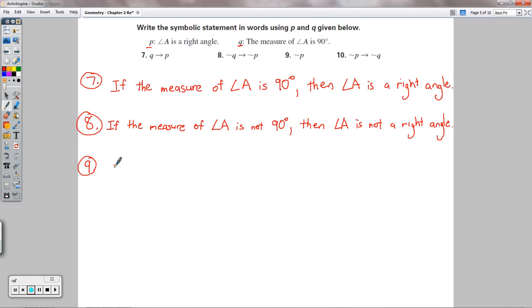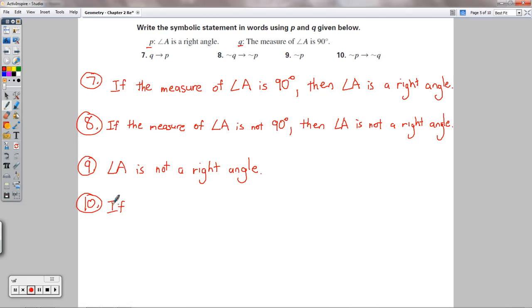Number 9, just not P. What would that look like? You have no if-then statement. If you're just using the P statement, you just say angle A is not a right angle. It's not really a sentence, it's just a statement, but they've got a period, I'll put a period. And then number 10, not P implies not Q. That would be the inverse of P implies Q. We're going to have nots in front of the statements here. And again, notice with all 4 of these, I'm not saying this is true or false.